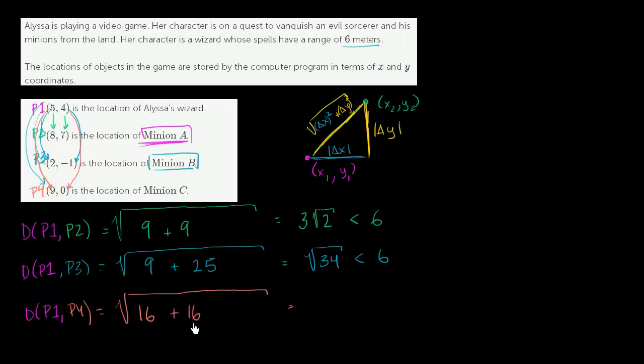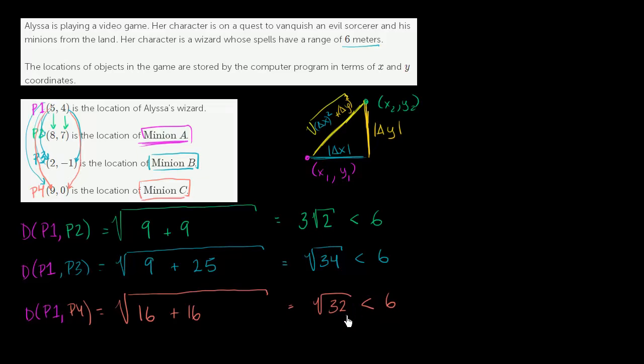So this is going to be square root of 32, which we could just leave as square root of 32. Square root of 32 is clearly less than the square root of 36, which is 6. So this is also going to be less than 6. So she can get at all of the minions. They're all within 6 units of her.